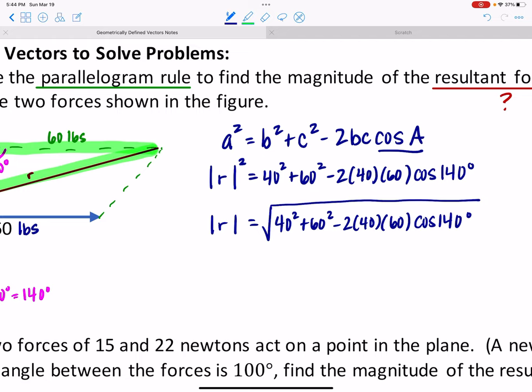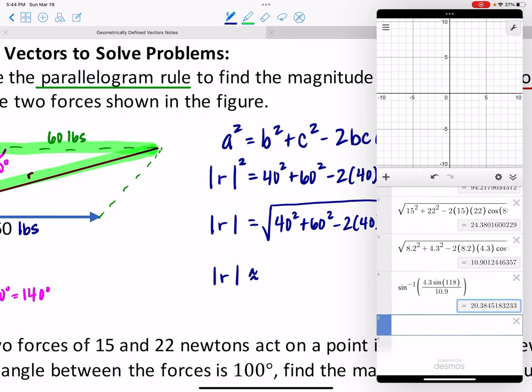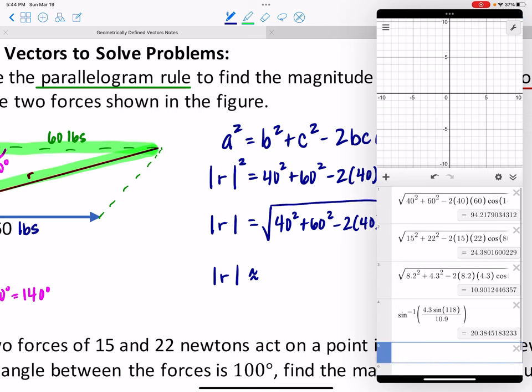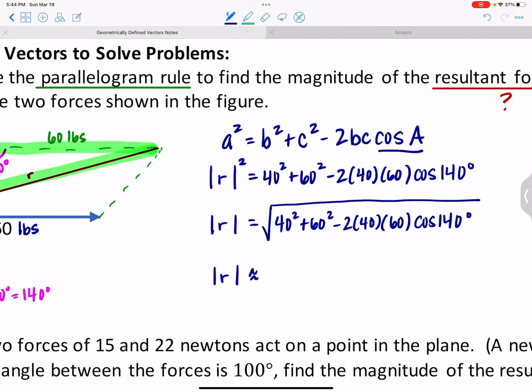And so we go into the calculator just one time to find the magnitude of our resultant force, approximately equal to, lucky for you, I did this first one up here, I typed in all of that stuff under the square root and got about 94.23-ish. So about 94.23, and that would be pounds of force in this case.